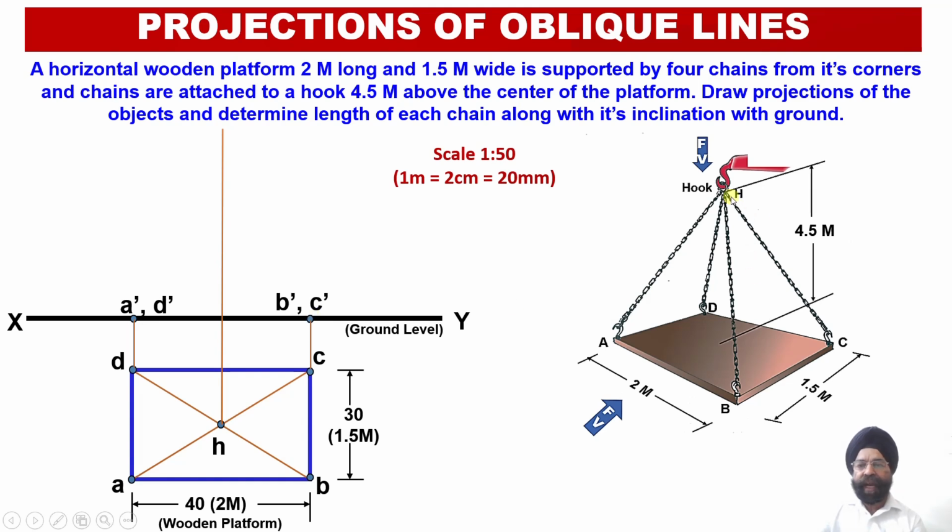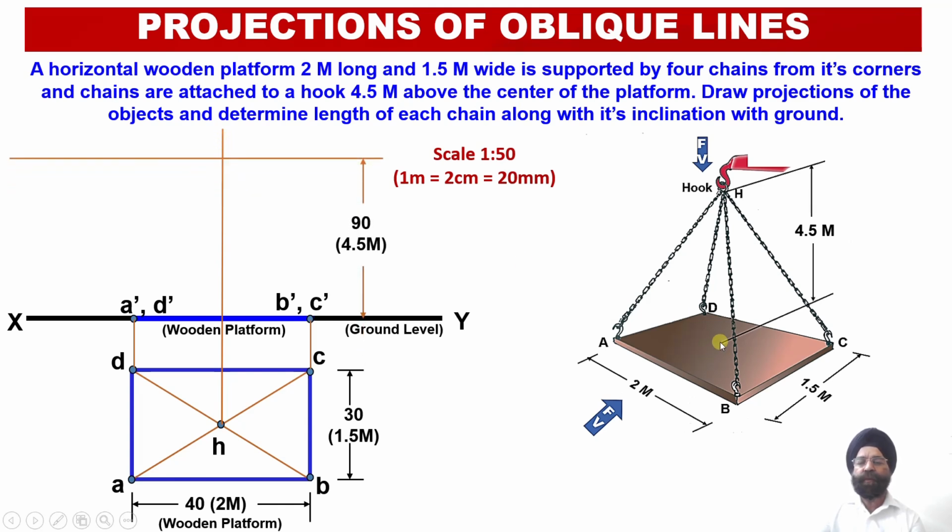Now we also know that the vertical distance between the hook and this particular wooden platform happens to be 4.5 meters, that is 90 millimeter orthographic length we are required to draw. So from this point we are going to mark a distance of 90 millimeter above the XY reference line or above the ground.